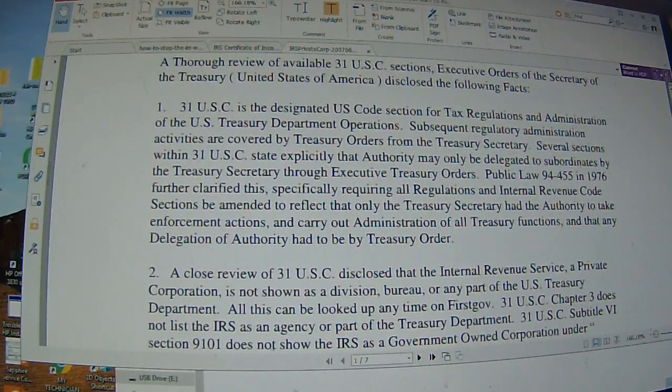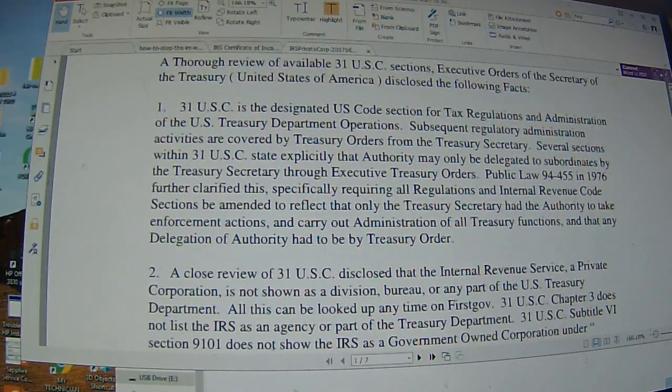Subsequent regulatory administrative activities are covered by Treasury orders from the Treasury Secretary. Several sections within 31 U.S.C. state explicitly that authority may only be delegated to subordinates by the Treasury Secretary through Executive Treasury orders.